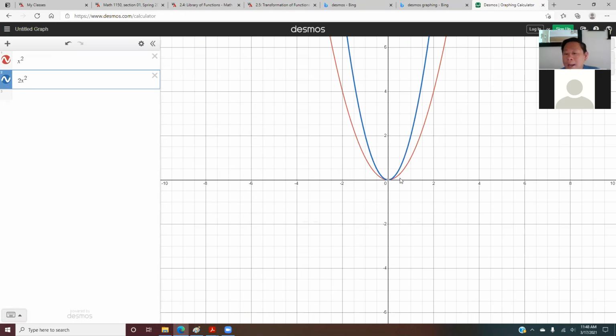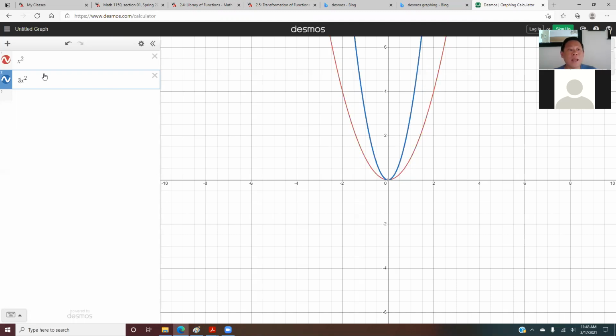So look at your y-axis, look at your values. This one used to be at 1, 1, right? No, 1 is here. So what happened is it's been doubled. You see the y value has been doubled. So when you have a 2x squared, your y value has been doubled.